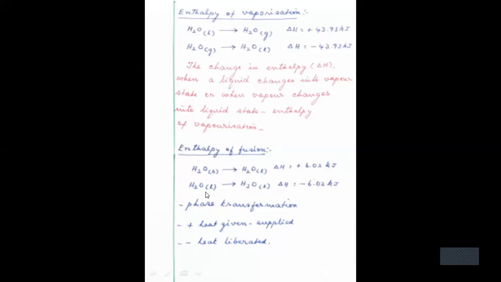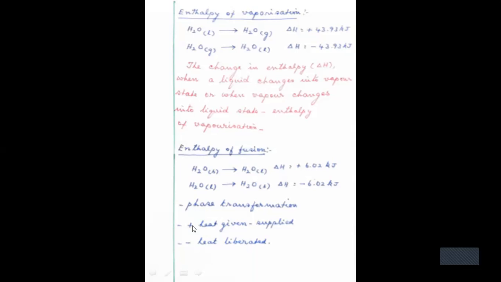And you are reverting, the liquid is converted into solid. The delta H becomes minus 6.02. Even here, there is no numerical value change. It is only the sign differs. And such conversion, it is a phase transformation. It is called enthalpy of fusion.